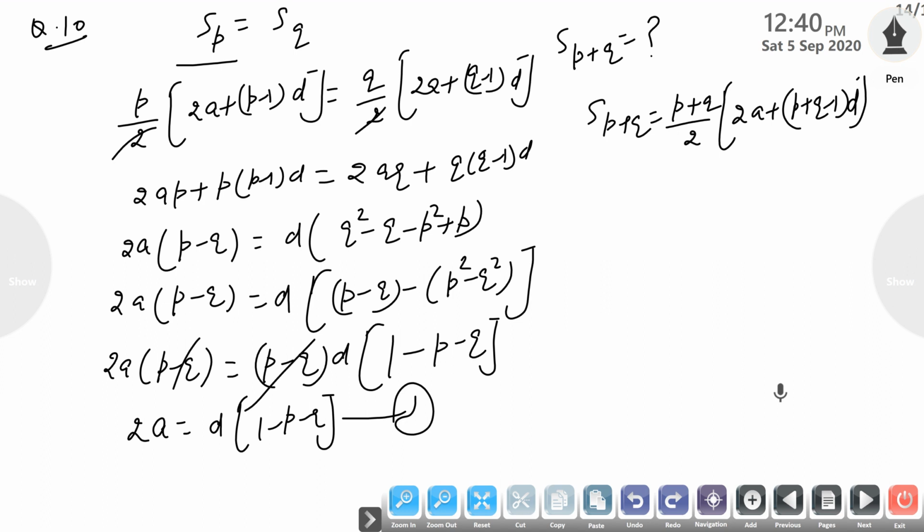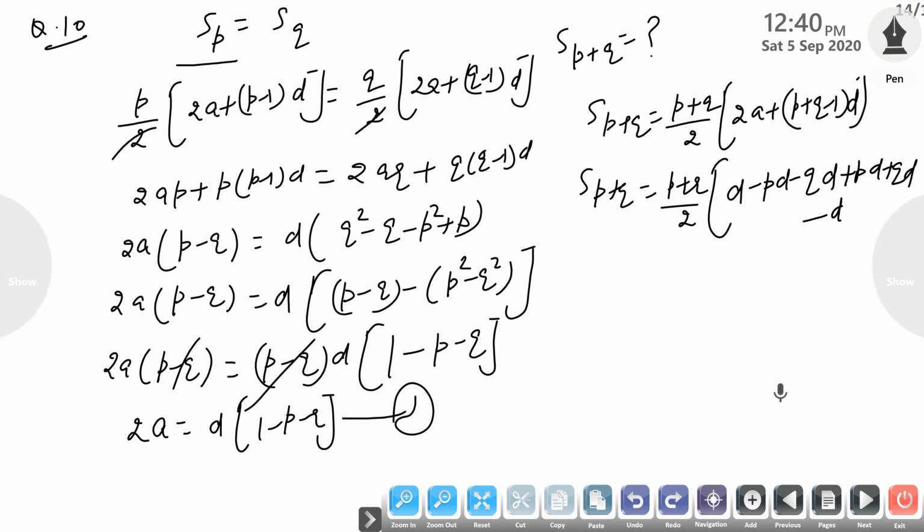Put the value of 2a, we get S_{p+q} equal to (p plus q) by 2 into d minus pd minus qd plus pd plus qd minus d.